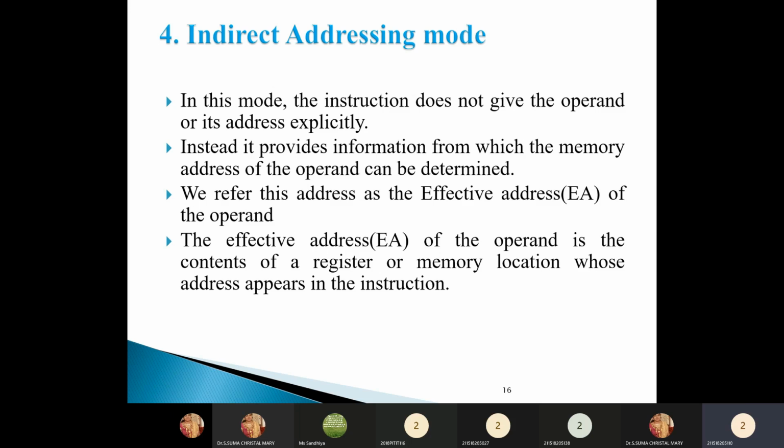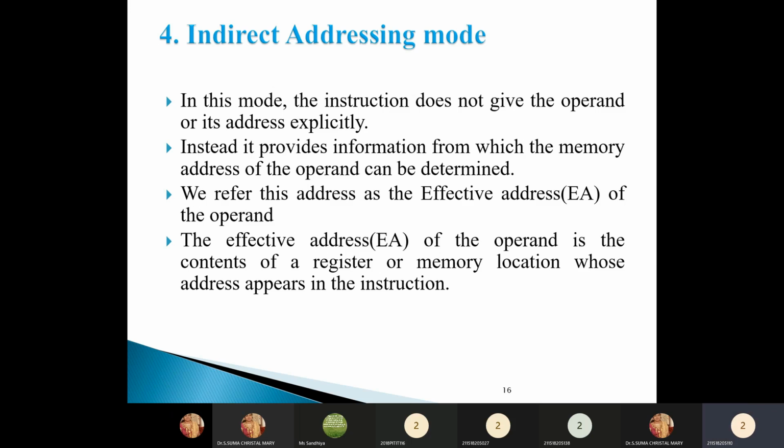Instead, it provides information from which the memory address of the operand can be determined. We refer to this address as the effective address, or EA, of the operand. The effective address of the operand is the contents of a register or memory location whose address appears in the instruction. In this mode, the address field of the instruction contains the address of the effective address.